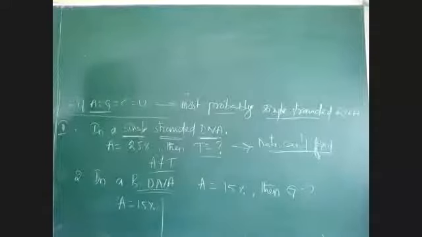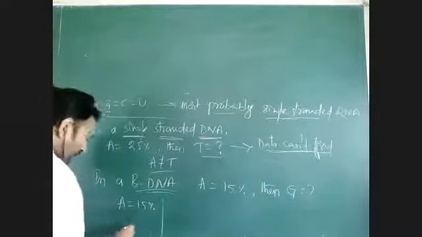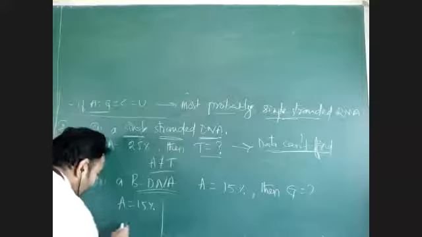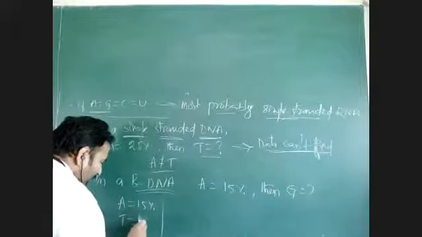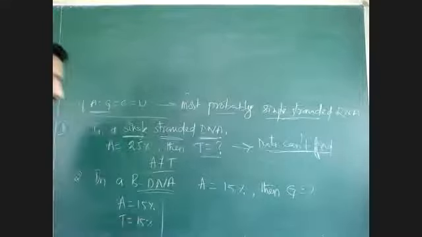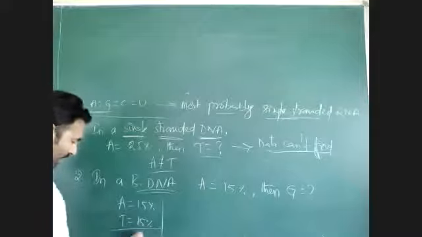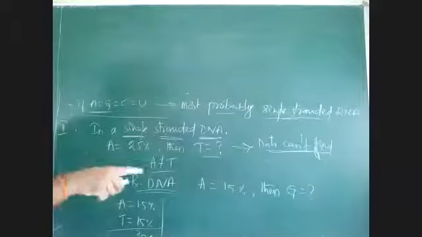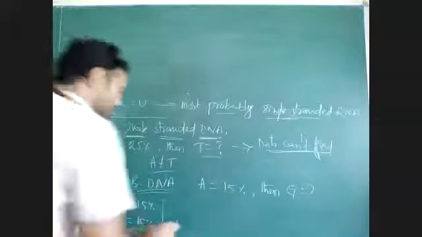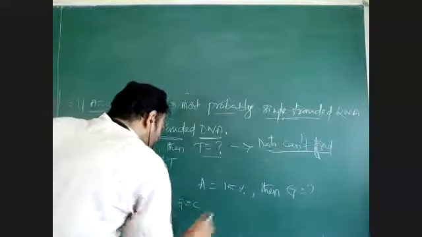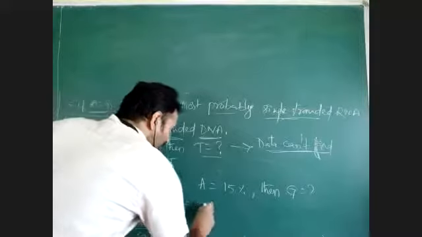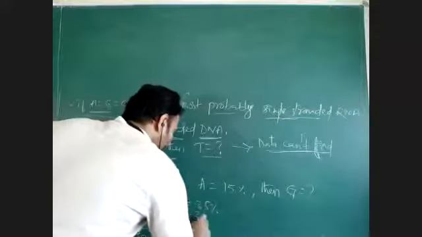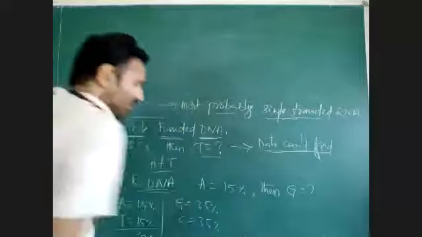When Chargaff's rule is applicable, A is equal to 15, so T is equal to 15. So A and T totally 30% will be there. Remaining totally 70% is there. In that 70%, G is equal to C, so G is 35%, C is 35%.